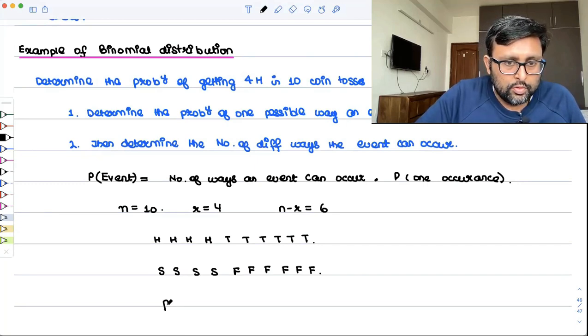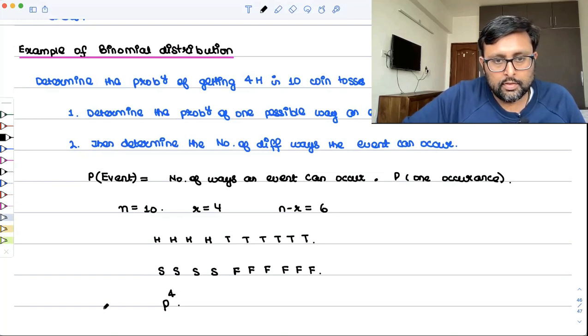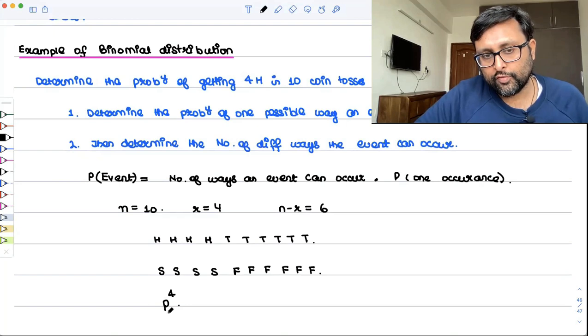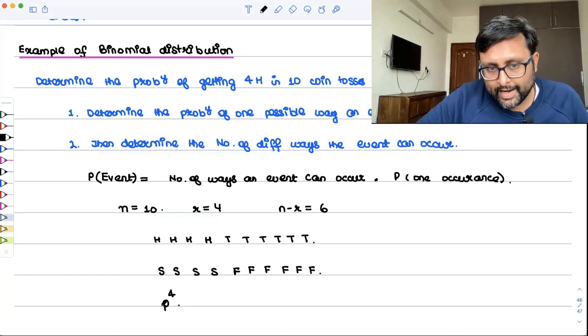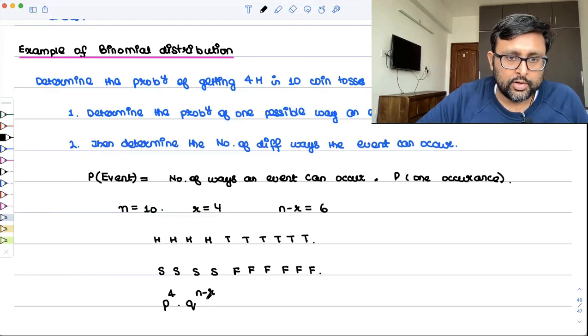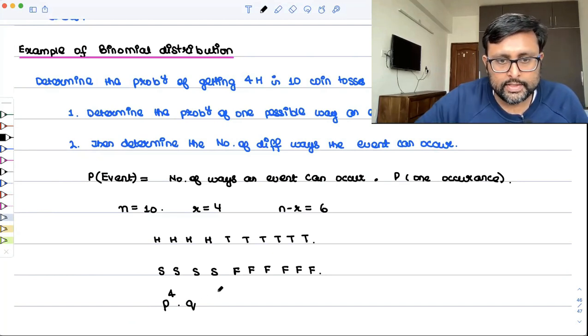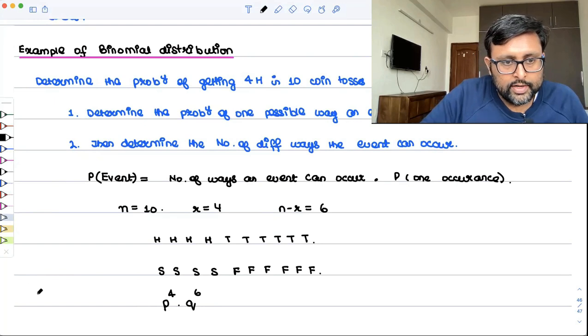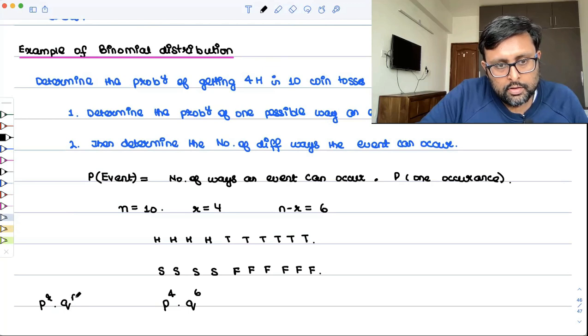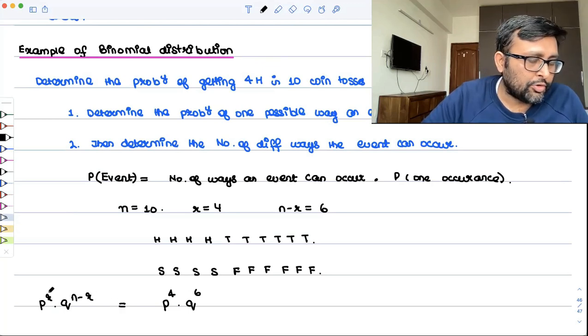So getting head, your p, is the probability of success, and q is the probability of failure. And this is coming 6 times, your n minus r. Or I can also write it like this: p to the power r, q to the power n minus r.